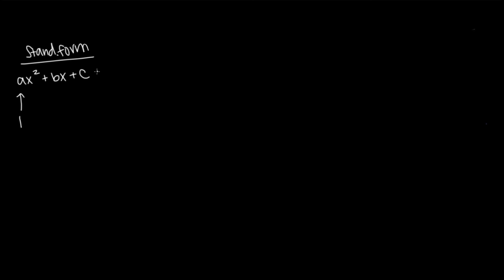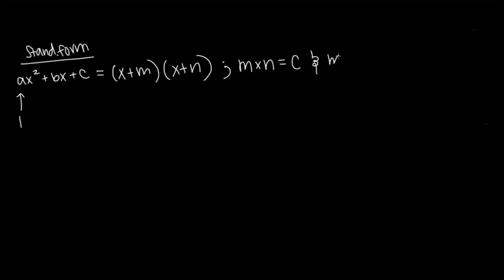That would be the same thing as x plus m times x plus n. And m and n are just other variables that are going to be subbed in for numbers. Now, this only works if m times n is equal to c and m plus n is equal to b.